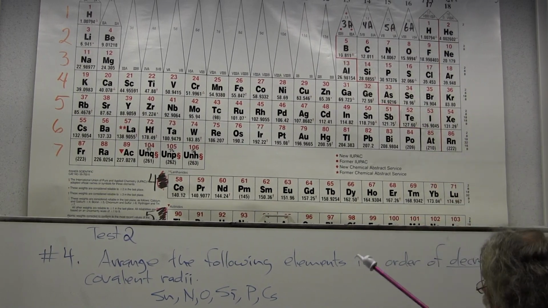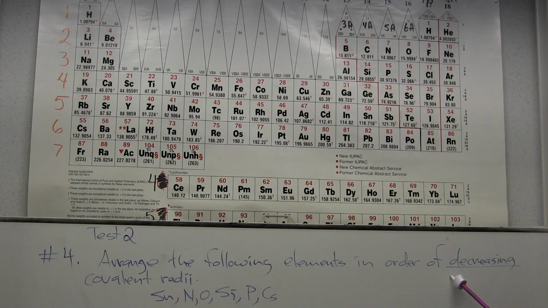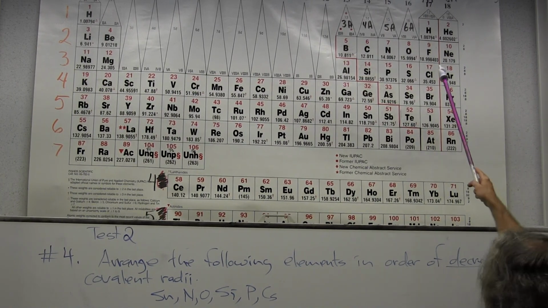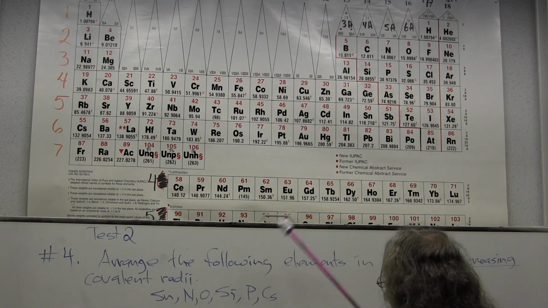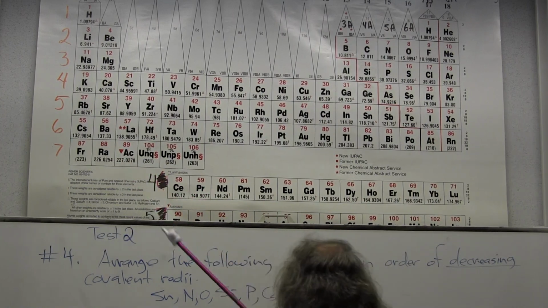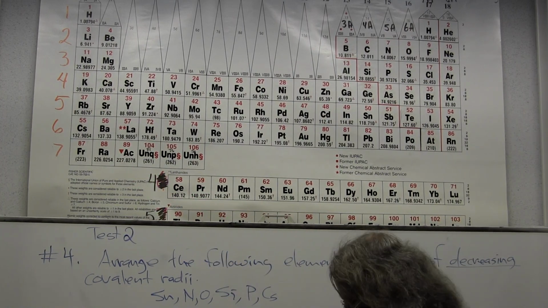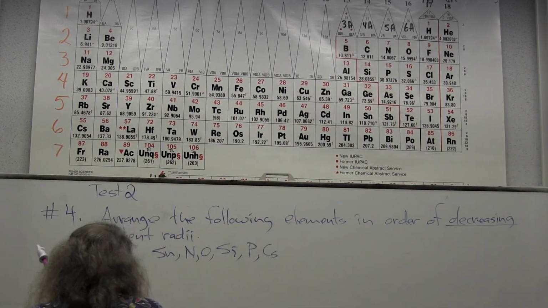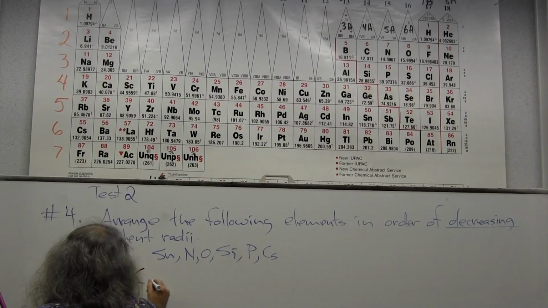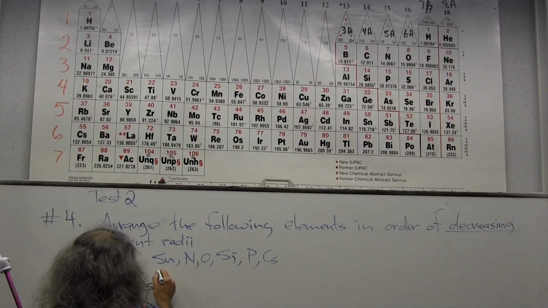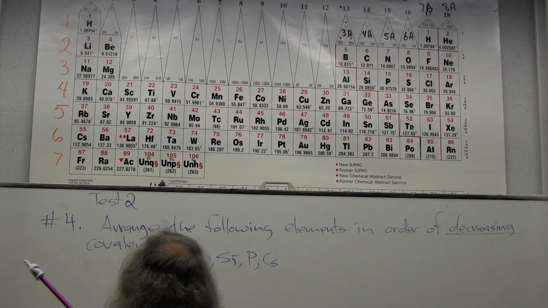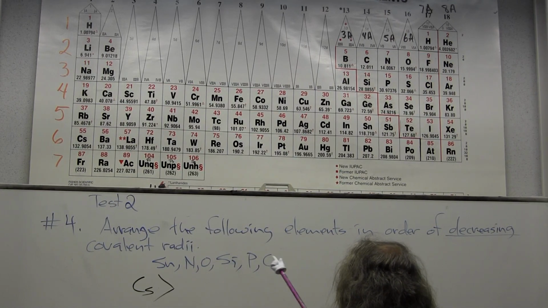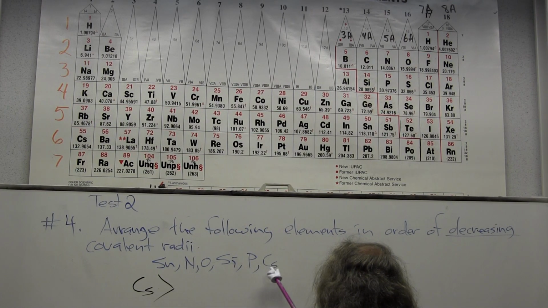And now we're asking for decreasing covalent radii. So which one's going to be the largest? I come all the way down, and I look for which one's furthest down to the left, and that would be cesium. So I'm going to start my sequence with cesium is larger than, and I go from cesium to which one is next in my hit parade.